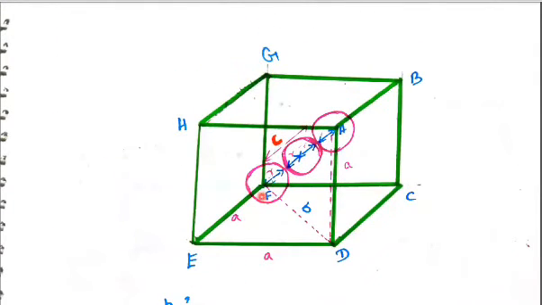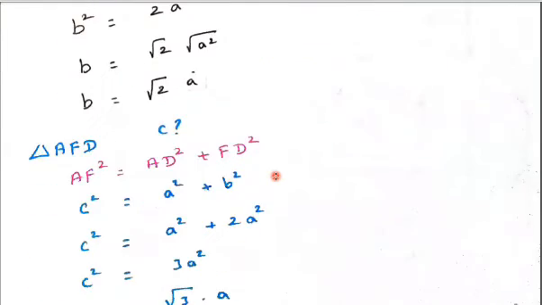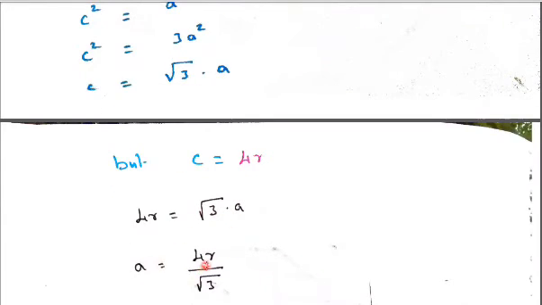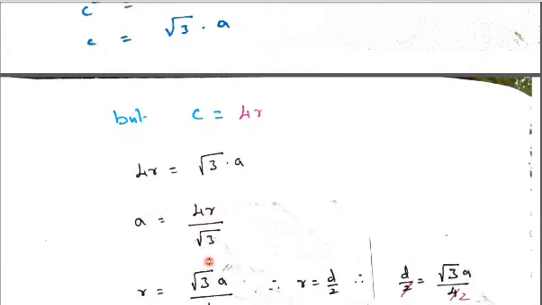But the c value we have is 4r radius. For this atom, one radius; from the center of the atom to this edge, 1r; from this center to this edge, 1r; and this center to this edge, 1r. 1r, 2, 3, 4r are contained. So c equal to 4r. Substitute 4r equal to root 3a, so a equal to 4r by root 3.